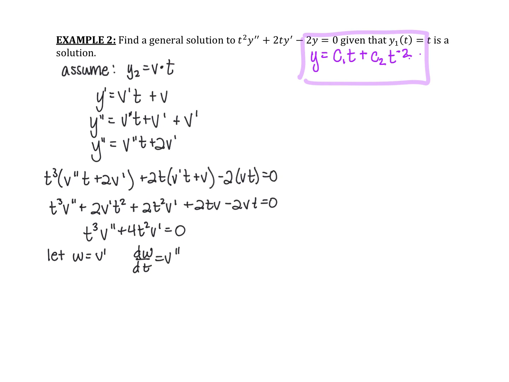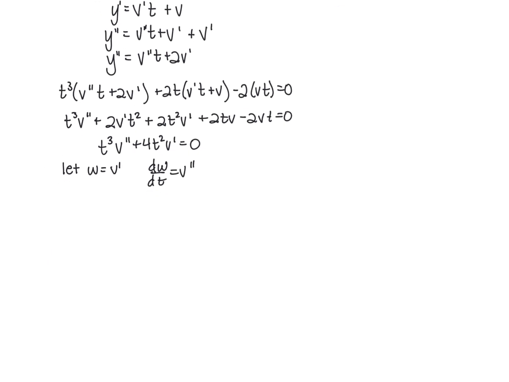The t cubed... this should be a t squared. Plugging in, we get t cubed dW/dt plus 4t squared W equals 0.